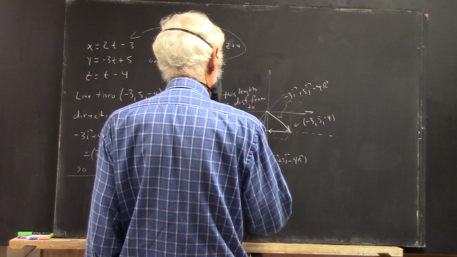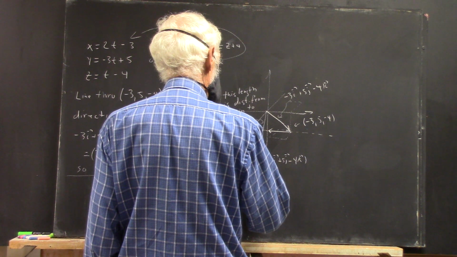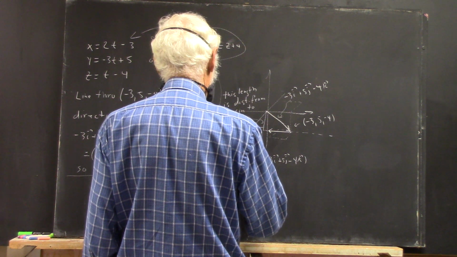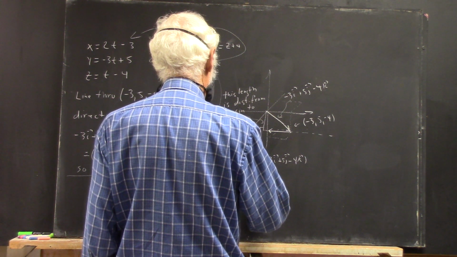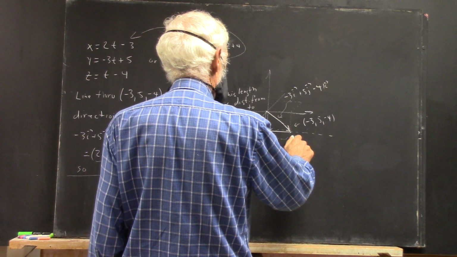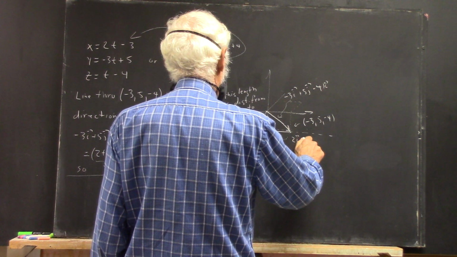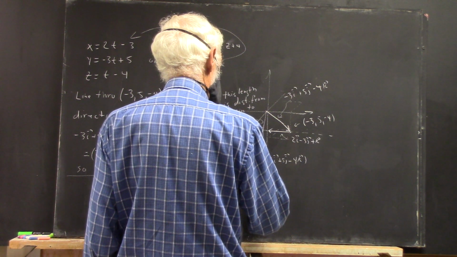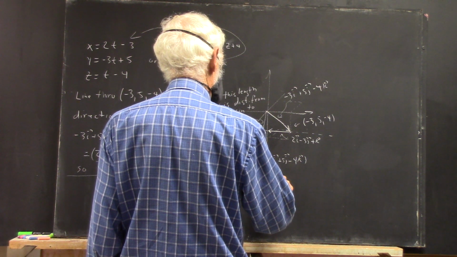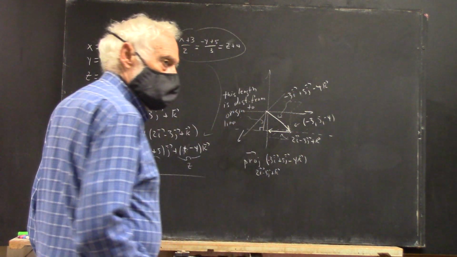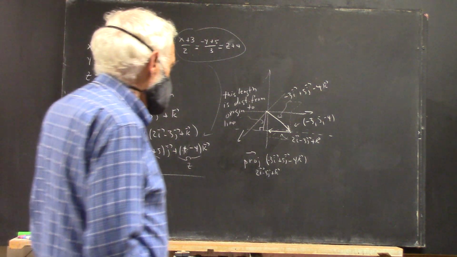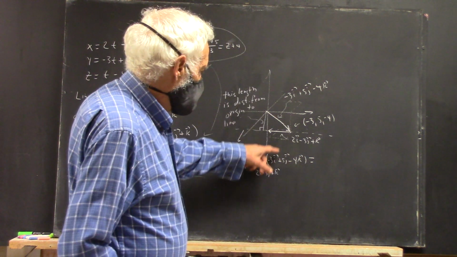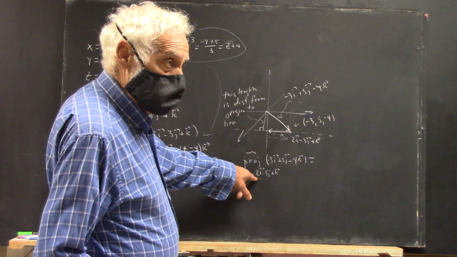Projection of this vector onto this vector, which is 2i minus 3j plus k, we're going to label that. Okay. That projection is just the dot product of these vectors divided by the magnitude of this vector.